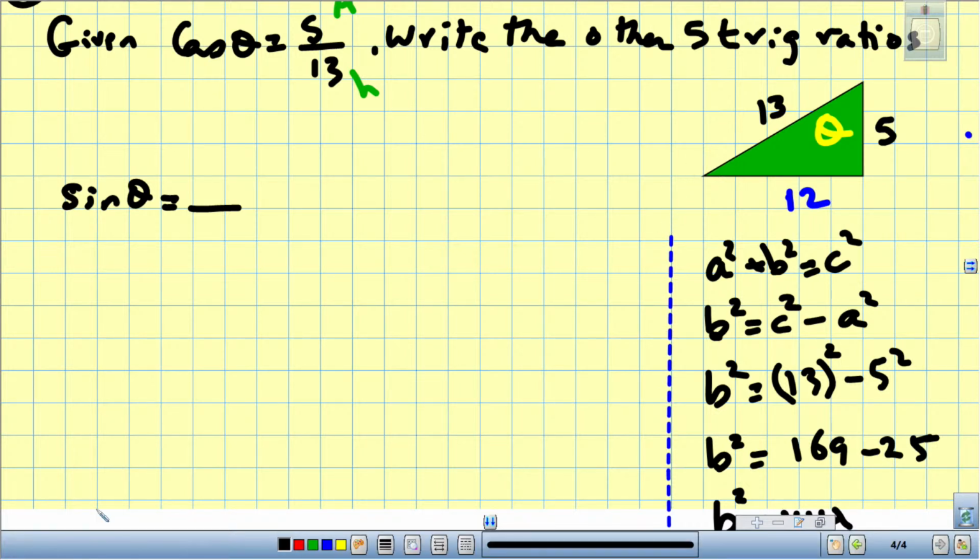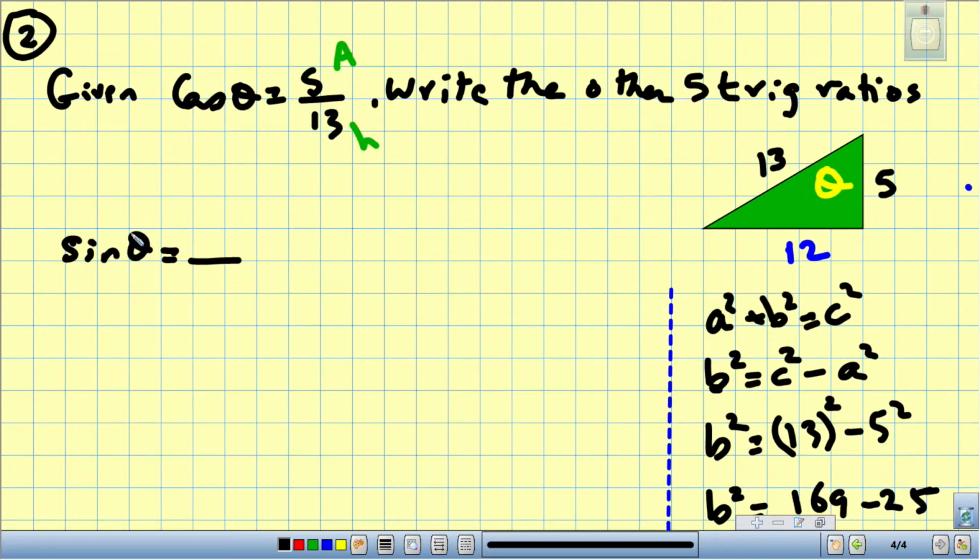Okay, champions, what's the definition of sine? You'll find me doing this over and over again. Before I do that, I'm going to put SOHCAHTOA here again. Can somebody help me with SOHCAHTOA? Sine is opposite over hypotenuse. Cosine is adjacent over hypotenuse.